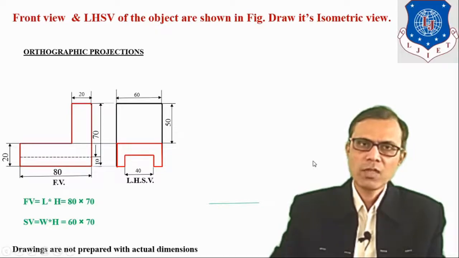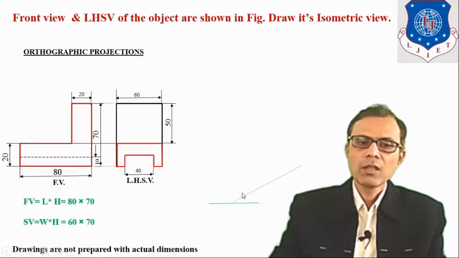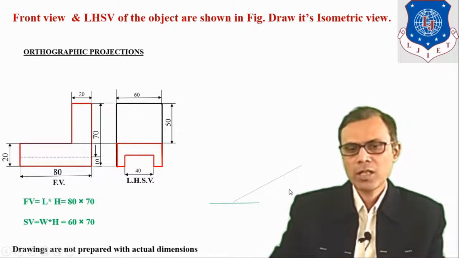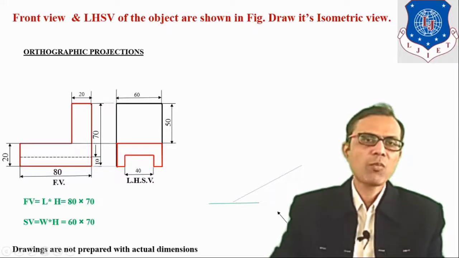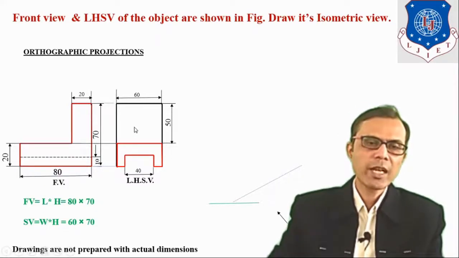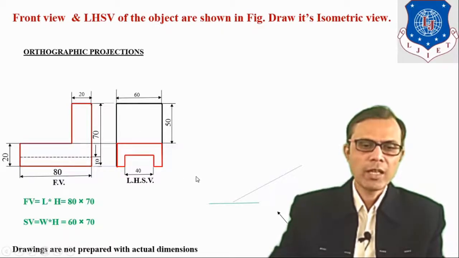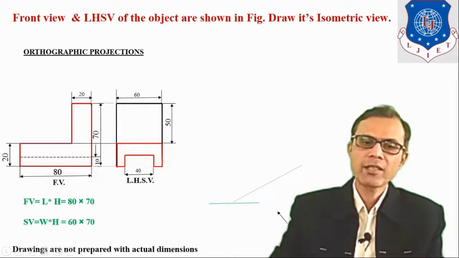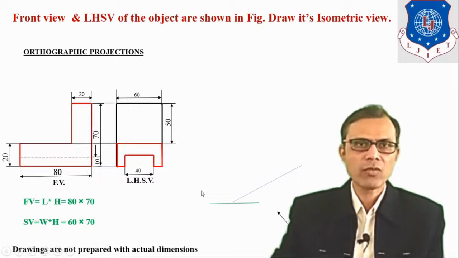So first of all, we have to prepare a three-dimensional block, and for that the reference line is drawn. Here this direction is the direction for the front view, and that is the proper direction because the left hand side view is given, and if we select this direction as front view, then this direction will be the direction for the left hand side view.